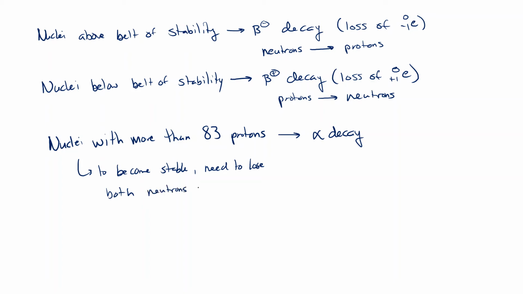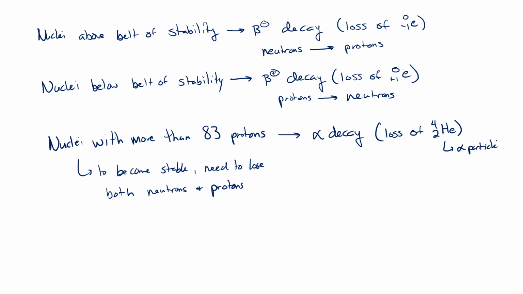So they don't even have to worry about the ratio between neutrons and protons. They just have too many subatomic particles in their nucleus. They have too many neutrons, too many protons. They just need to get rid of them. And so what they do is they undergo alpha decay, in which they lose 2 protons and 2 neutrons at a time. And so we lose these helium nuclei, which are known as alpha particles.